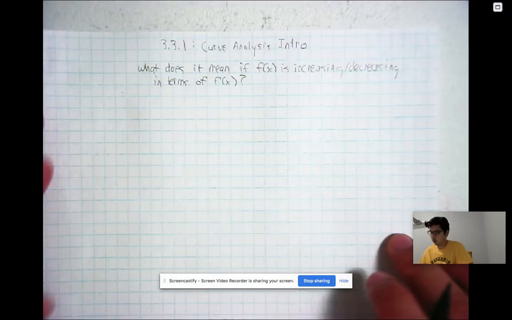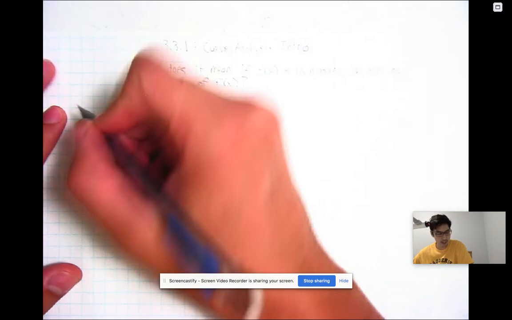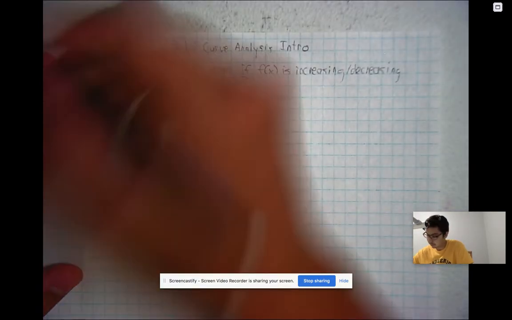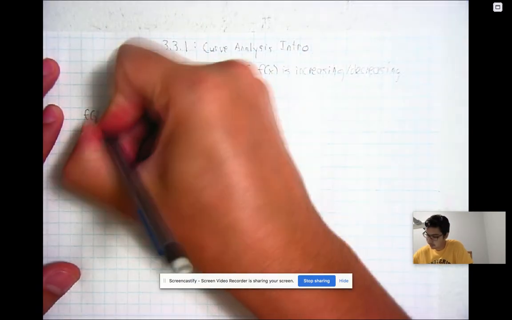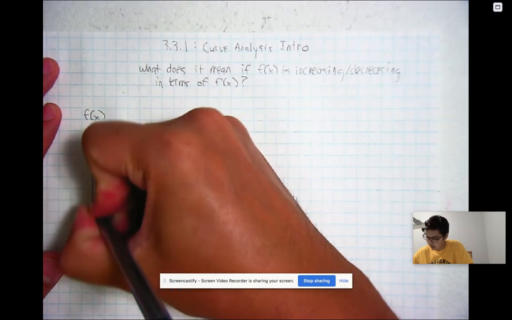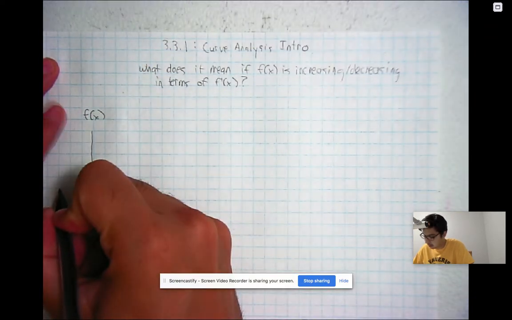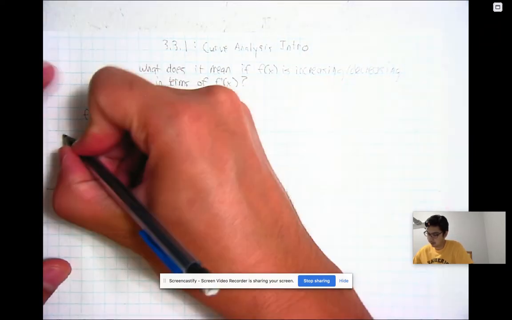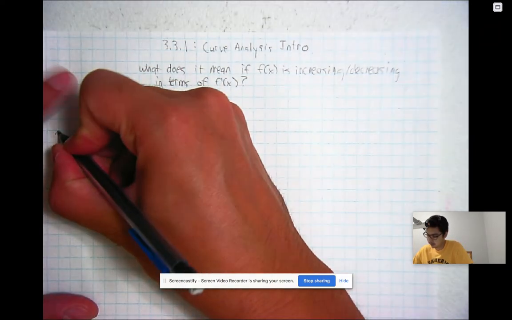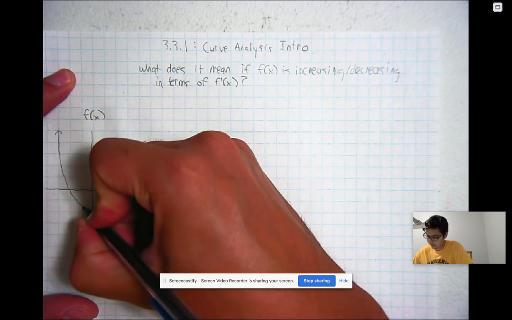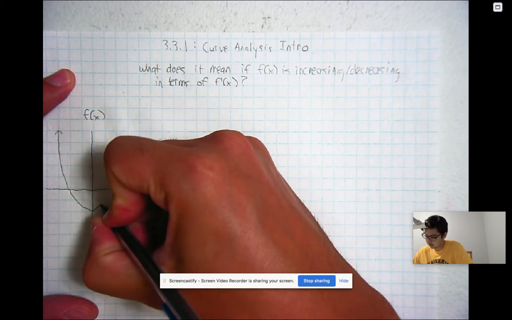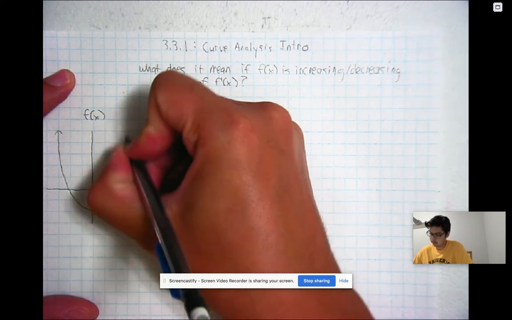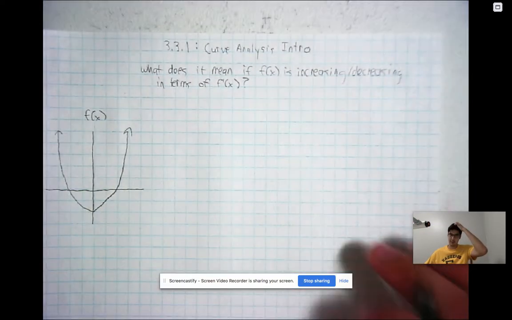So I'm going to do some quick exploring with you. Say I graph f of x down below, and I'll do a curve that looks something like this. Not too symmetric, but that's okay.